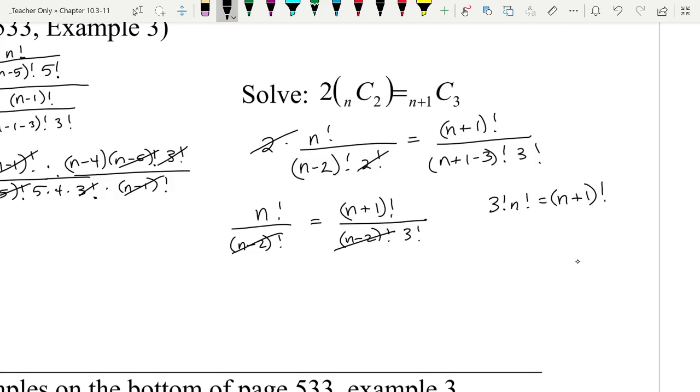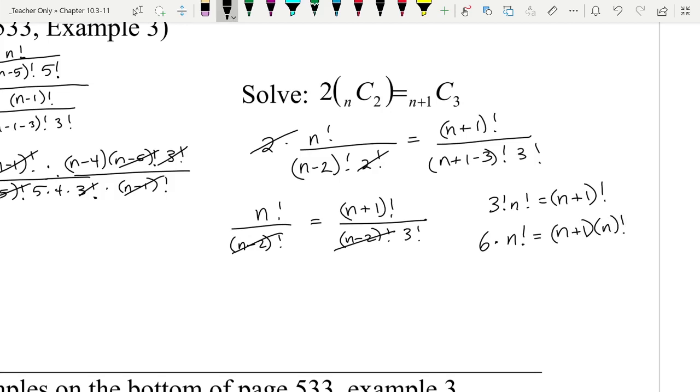All right, enough with the factorials. This, of course, is 6, and n factorial is going to be left alone. On this side, that can be written as n plus 1 times n factorial, right?